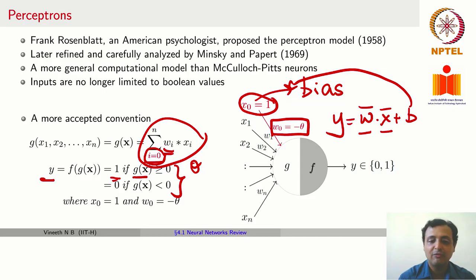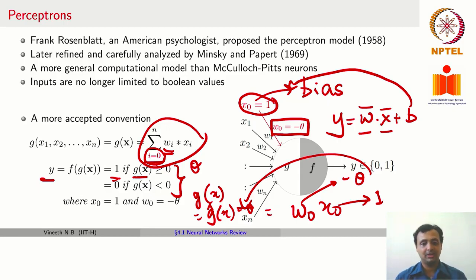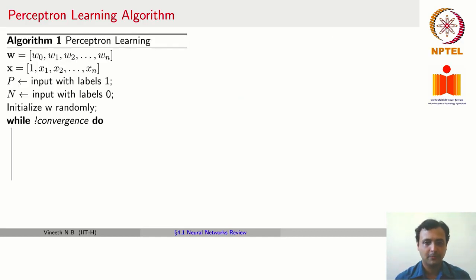Inside the g of x, we are bringing the theta, which means now g of x will be the old g of x, let's call that g hat of x, minus theta. So that minus theta is now written as w naught, which is minus theta, into x naught. x naught is 1, which is what contributes to this minus theta. So this is a more accepted convention of writing out a perceptron.